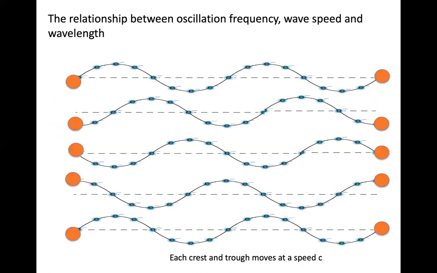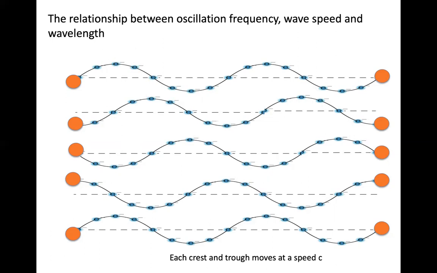And furthermore, there is kind of a speed associated with this. So if I take a charged particle and move it down and then move it back up, this creates an electromagnetic wave that then propagates to this other charge, causing it to move down and then up and then back. And the crests of this wave move from left to right as this wave propagates.